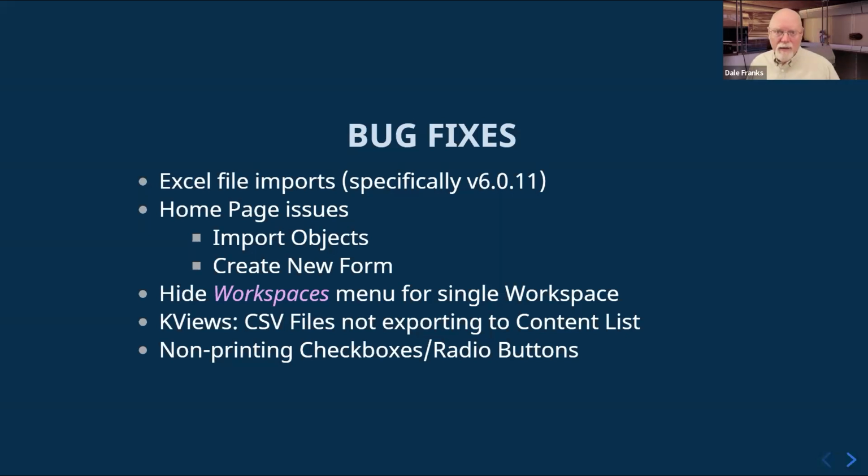You could take the CSV file and manually place it in the folder, and it would kick off the process. But because that process was failing, the CSV export wasn't working either.